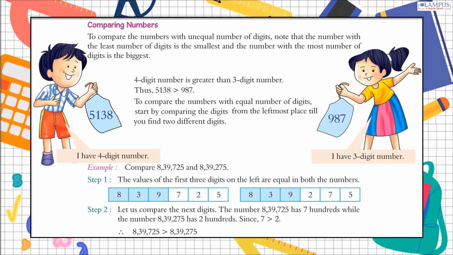Let us compare the next digits. The number 8,39,725 has 7 hundreds while the number 8,39,275 has 2 hundreds. Since 7 is greater than 2, 8,39,725 is greater than 8,39,275.